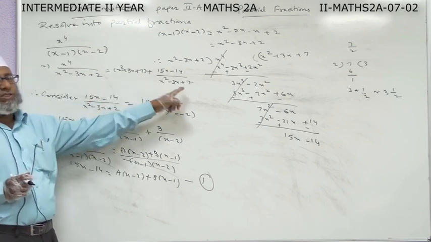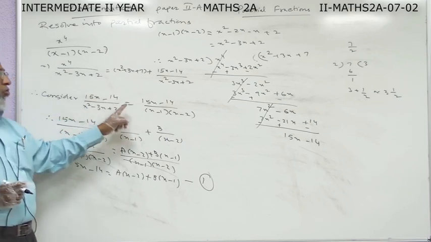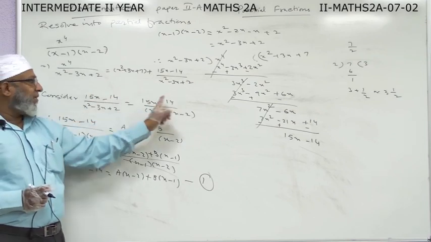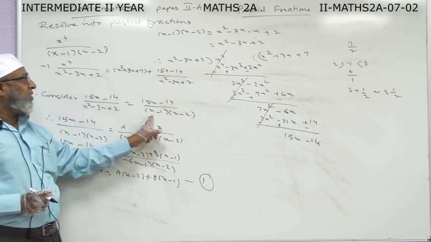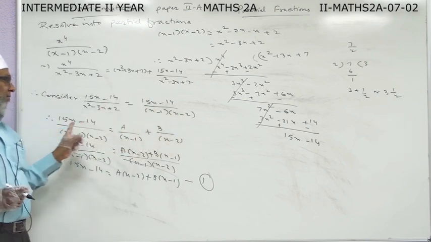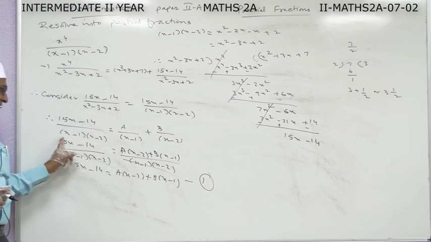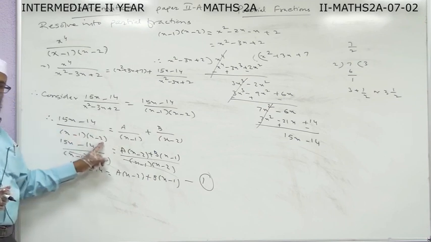I have considered this fraction part, 15x minus 14 by x square minus 3x plus 2, which is equivalent to 15x minus 14 by the factors I have just calculated, x minus 1 into x minus 2. So I am considering this again separately. 15x minus 14 by x minus 1 into x minus 2 is equal to this linear part. These are also linear terms.